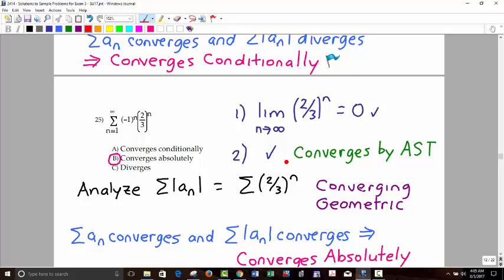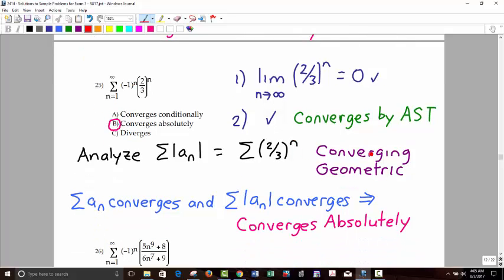So it converges by AST. Then if you take the absolute value, without the negative 1, it's a converging geometric. So it would converge absolutely with or without the negative.